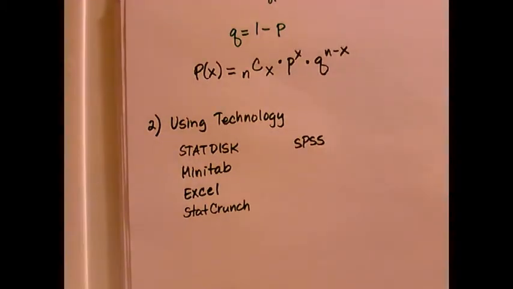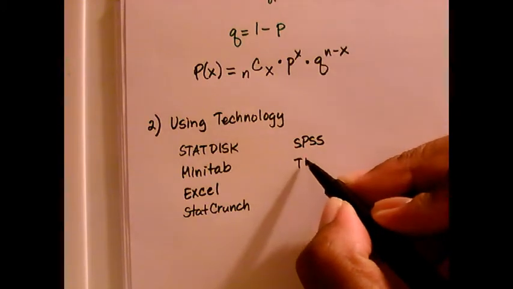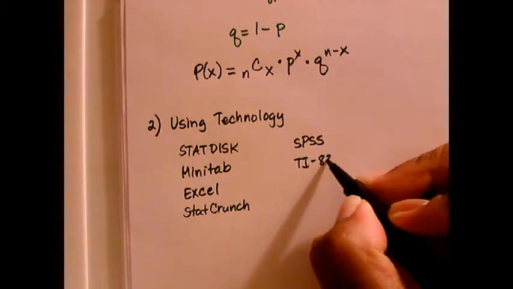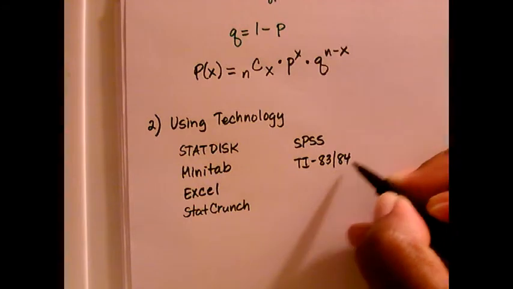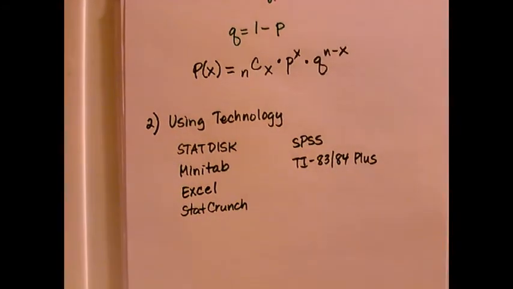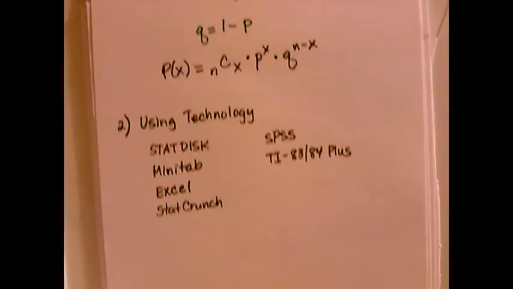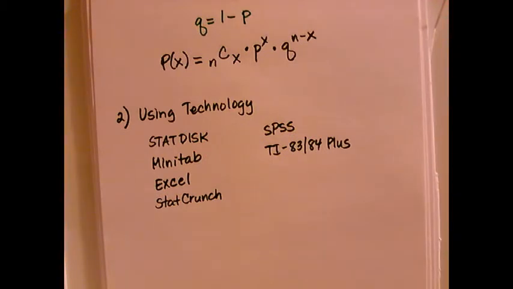This is more likely used in graduate school, but you can use that to find binomial probability distributions. Now, the one that I'm going to be using in this video will be the TI-83/84 Plus calculator. Okay, and there are other computer software that's out there that you can use to find binomial probability distributions here.